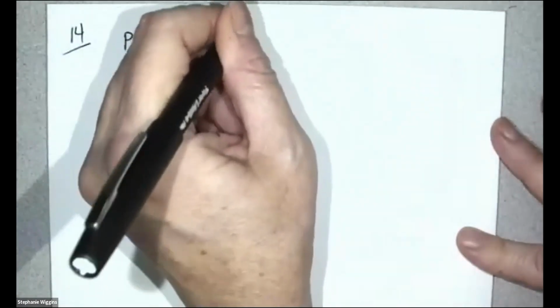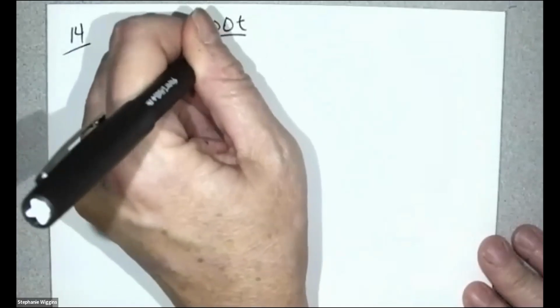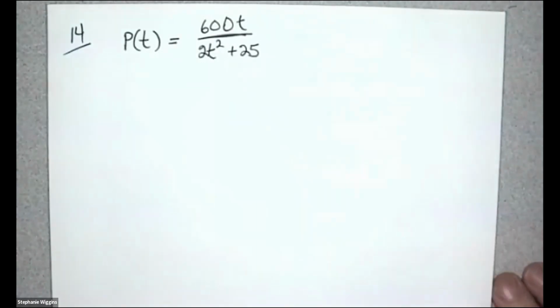I'm just going to show you how to calculate the derivative. If you have a population that is modeled by this function and you want to find the rate of change, this is a quotient. So to find the rate of change, you have to use the quotient rule.